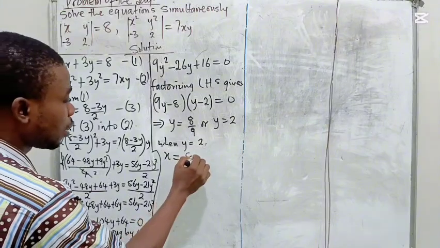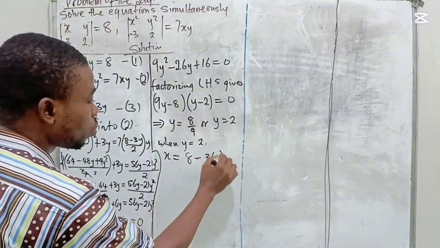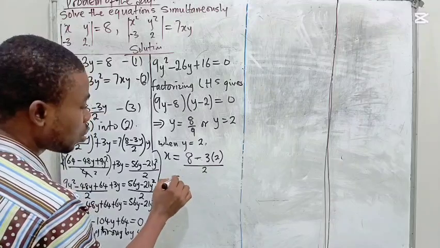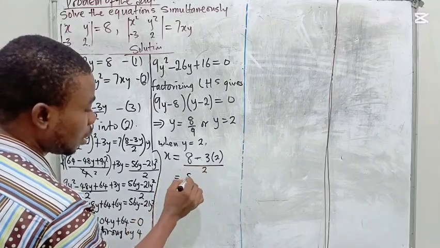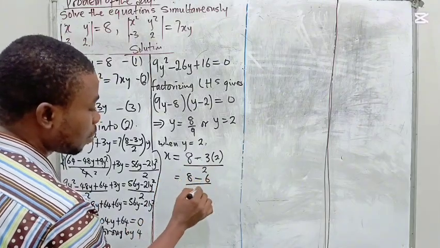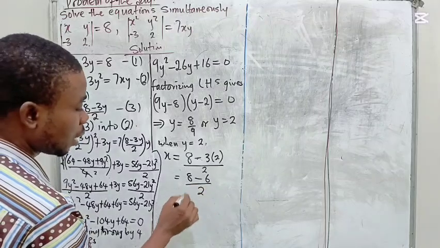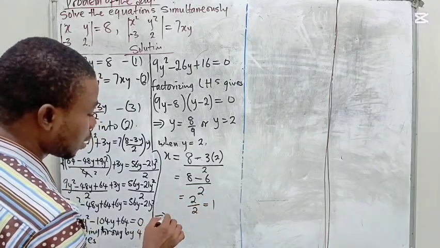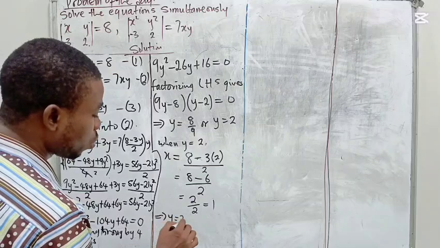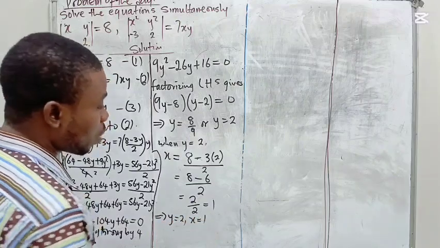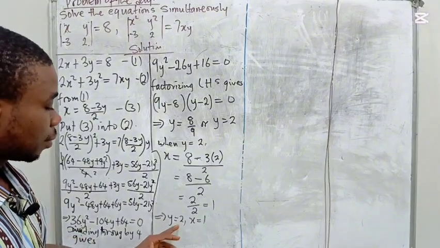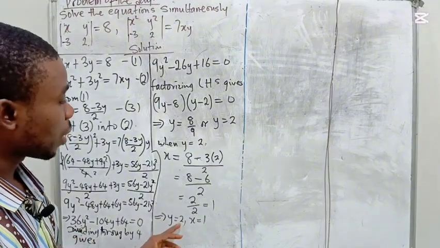So it will be 8 minus 3 times 2 all over 2. Simplifying, 8 minus 6 divided by 2, which is 2 over 2, so this is equal to 1. So when y is equal to 2, x is equal to 1. We have found the first value of x using the first value of y.